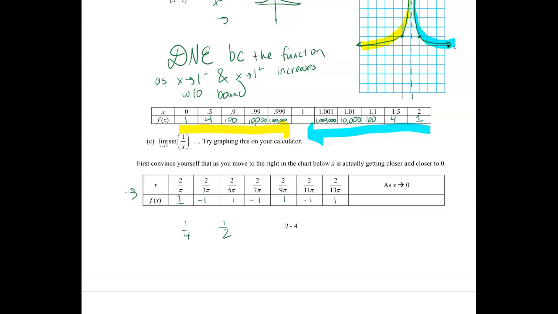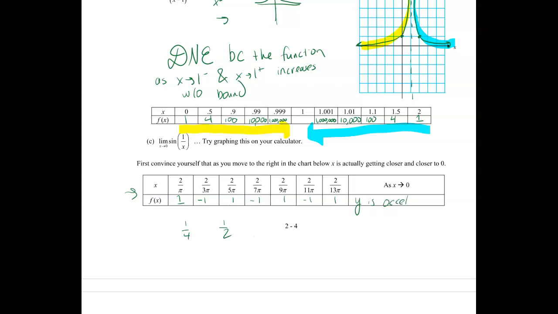As x is approaching 0, I see that it's going to go between 1 and negative 1, 1, negative 1, 1, negative 1, all the way down. So we don't know what this is approaching, because that y value is oscillating.